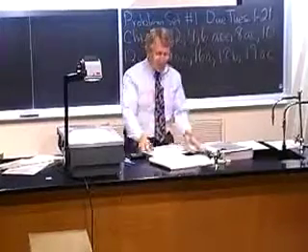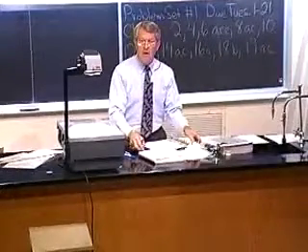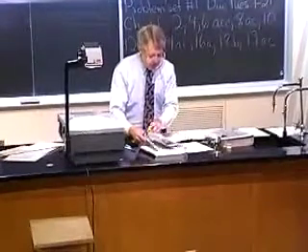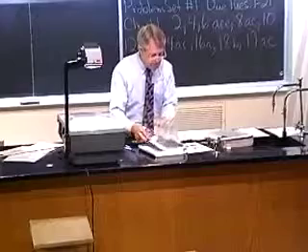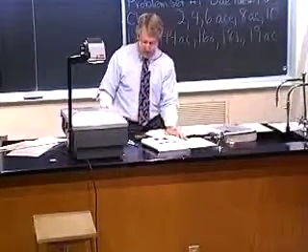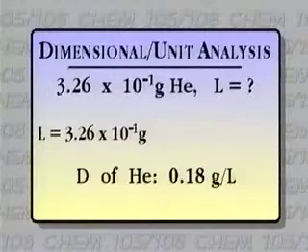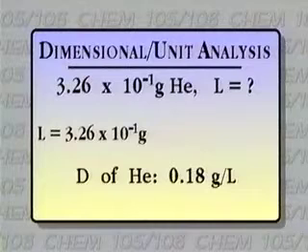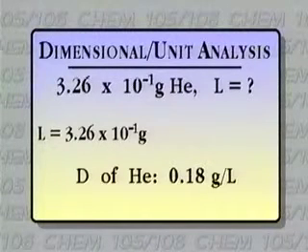So if we go back in the text to the table on densities of some common elements that we had, we can find that the density of helium is 0.18 gram per liter.